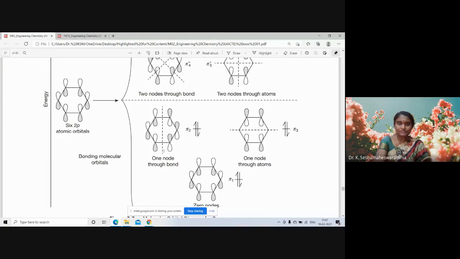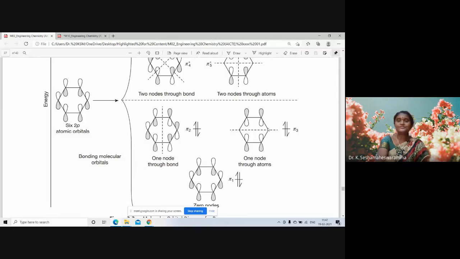Clearly you can observe this is through bond, one nodal plane, exactly cutting half through the center. This one is through atom. One node is through atom, through this. This is one carbon atom, this is another carbon atom.